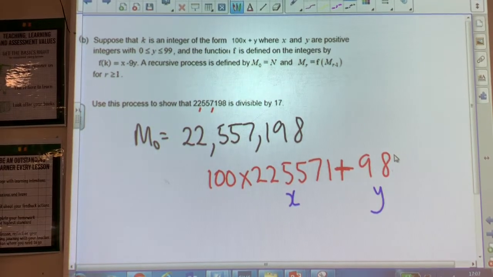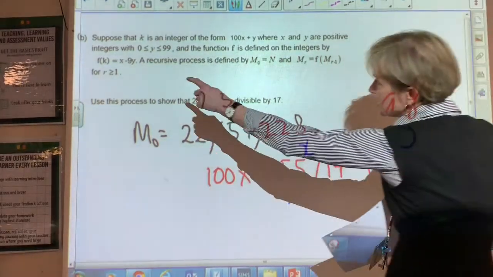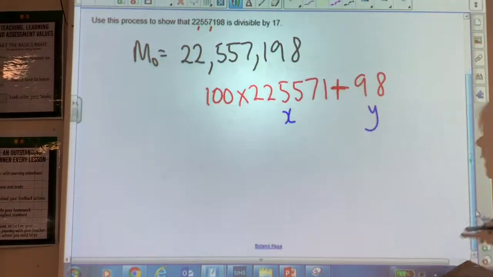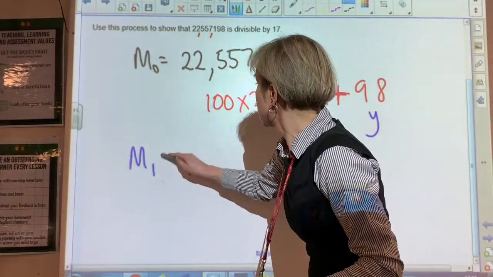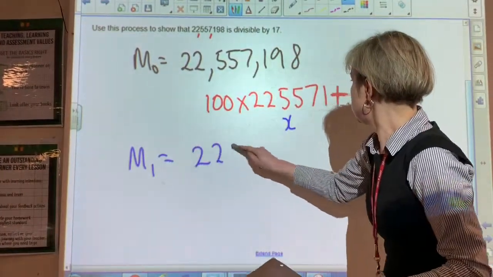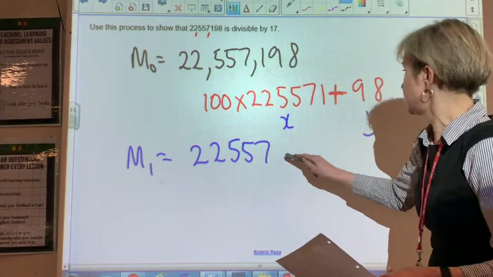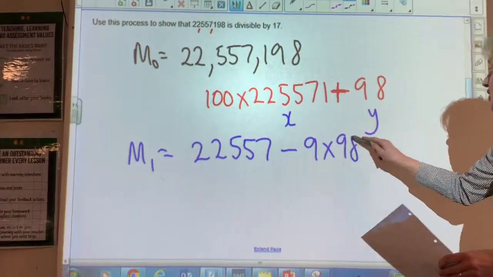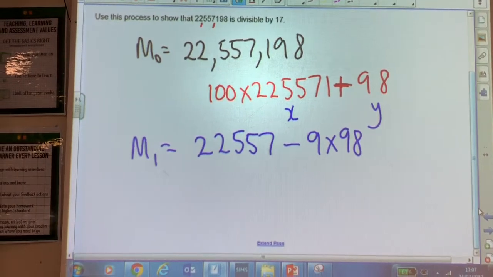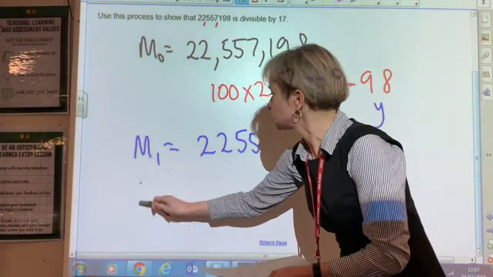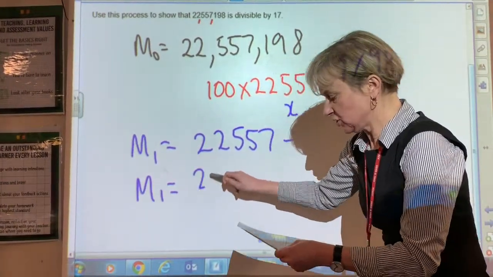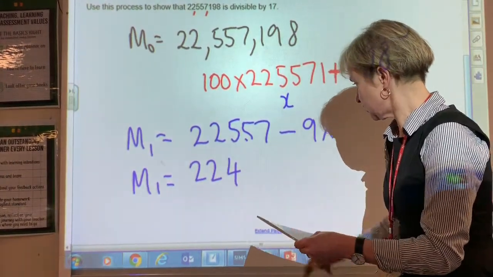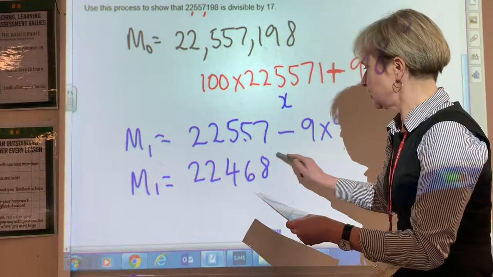Now to get your next value, they're telling you it's x take away 9y. So m1 is going to be 225571 take away 9 times your y value, which is 98. So m1 is going to be 224689.